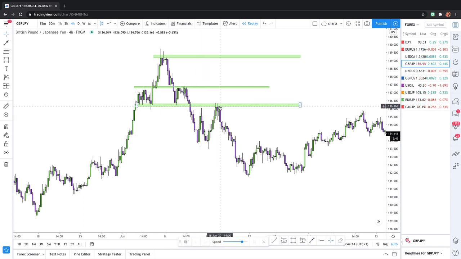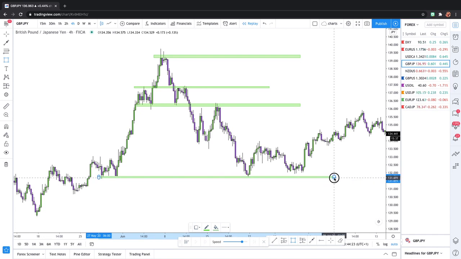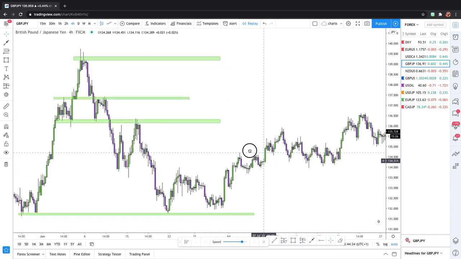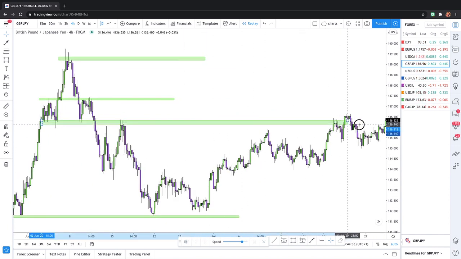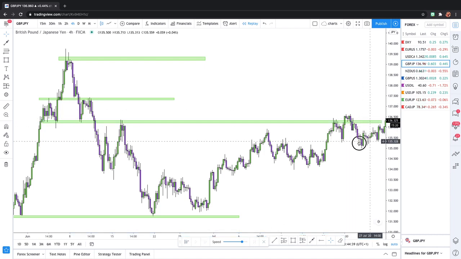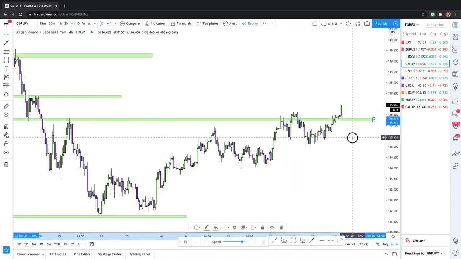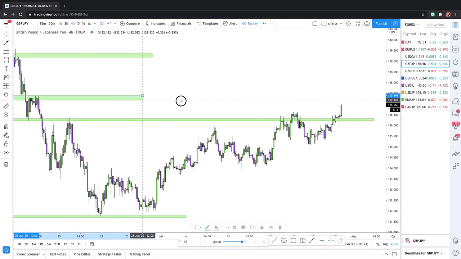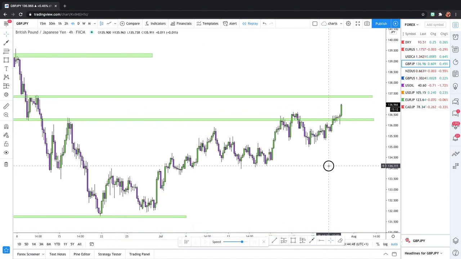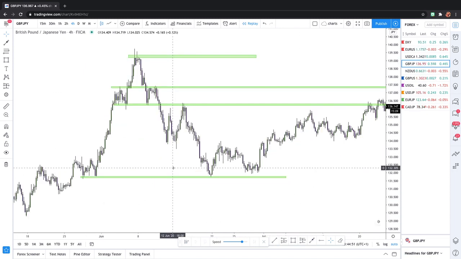So W pattern formed, tested this broken structure, and then came down. Then we have support right here. Tested support, came back up, then kind of range, didn't quite hit the support, but as you go to lower time frames, you can see, okay, price is about to reverse. So then what ends up happening is it reverses to here, fakes out, drops below, and then now currently we're rising above it. So what is the next resistance? Right here. Okay, so it's just repeating itself every single time, and you can take entries off these zones every time.